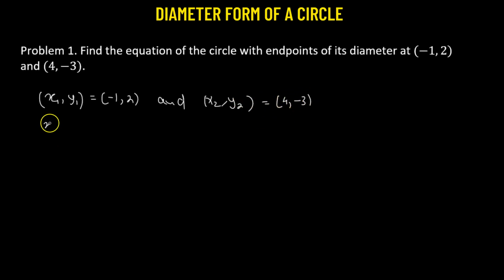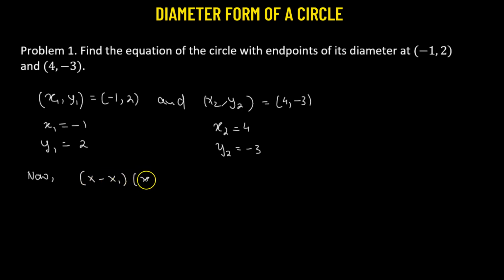So from this information, we can find that x1 corresponds to -1, and y1 corresponds to +2. And then we have x2 corresponding to 4 and y2 corresponding to -3. Now, using the diameter form of the circle, which is x minus x1 times x minus x2 plus y minus y1 times y minus y2.